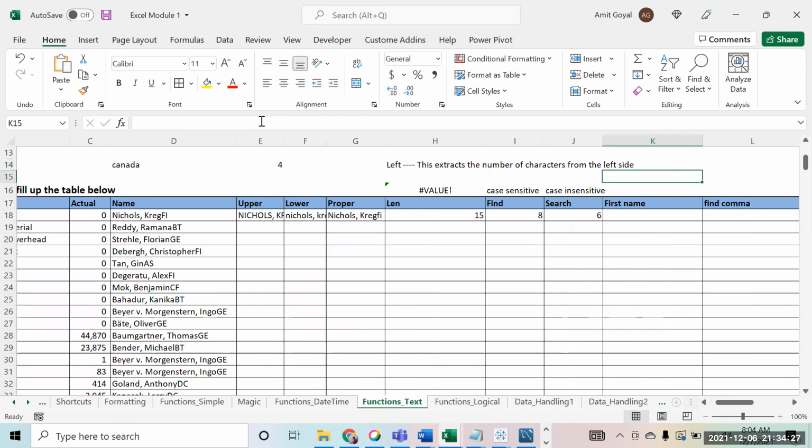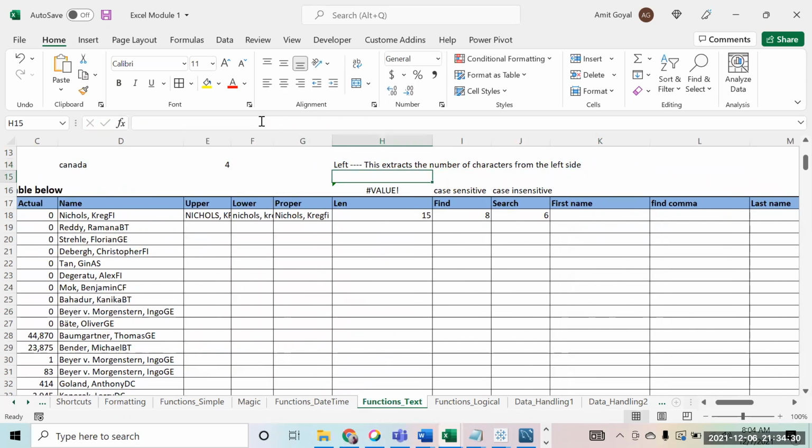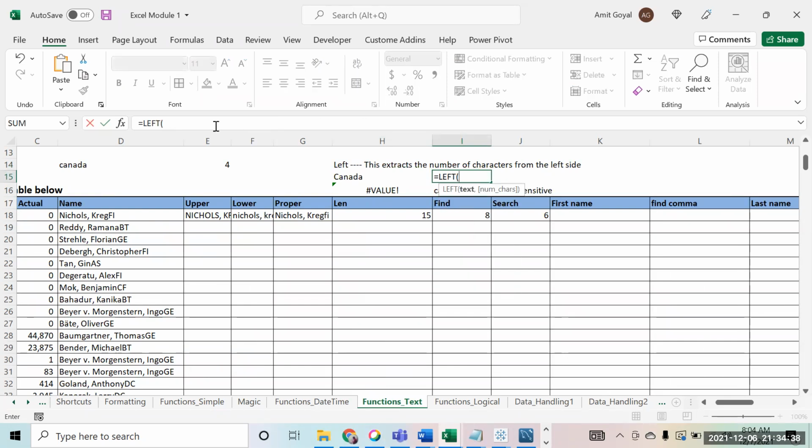Okay, like for example, if I write Canada, and if I say equal to left, from this text, I want to extract 3 characters.